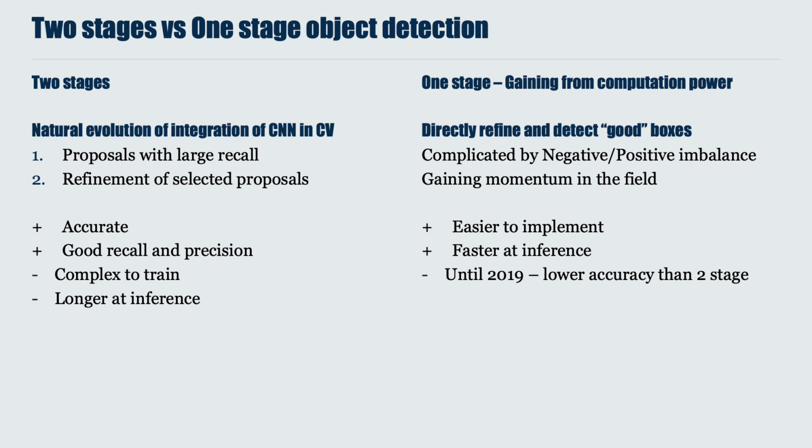But that's a type of implementation that is really gaining a lot of momentum in the field, because there's been quite a lot of work on dealing with imbalance. It's usually much easier to implement, it's much faster at inference, but until 2019 it was actually showing lower accuracy than the two-stage ones. So it then depends on what you really want, either speed or accuracy.